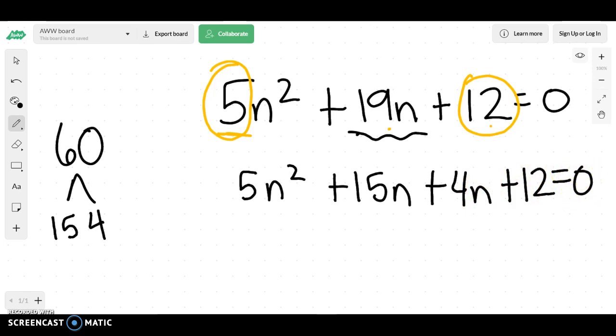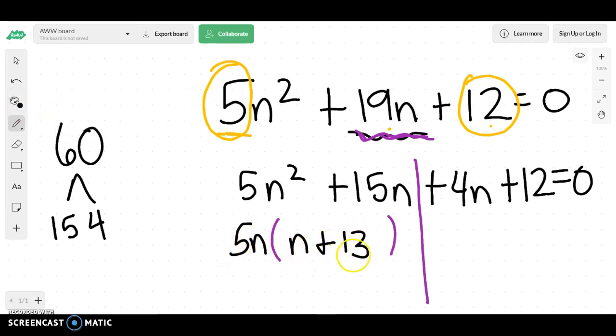So again, we didn't do anything special. We just, instead of having a 3-term thing, we turned it into a 4-term thing by finding what our middle number added up to be. We then cut it in half, and then we factor the two parts. So the first part we factor, we can take out a 5 and an n, which will leave me with n plus 3. Whoops.